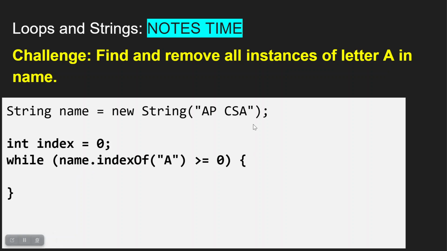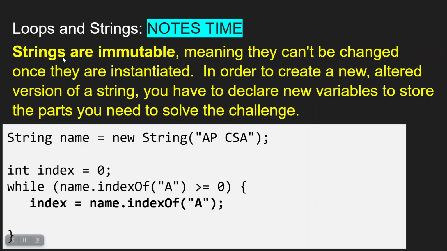But we're going to do something different this time. We're not just going to try to find where the letter is. We're going to try to remove the letter, which means we're going to need to create an altered version of this string. So this is important to remember from what we learned earlier. Strings are immutable, which means once they have been instantiated, they can't be changed.